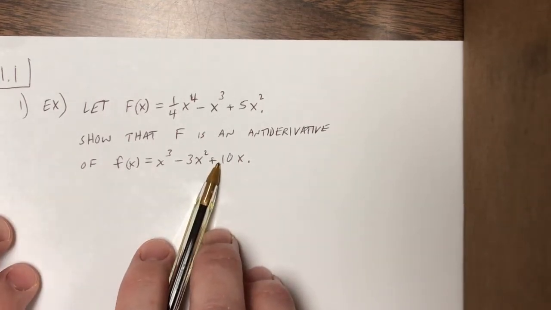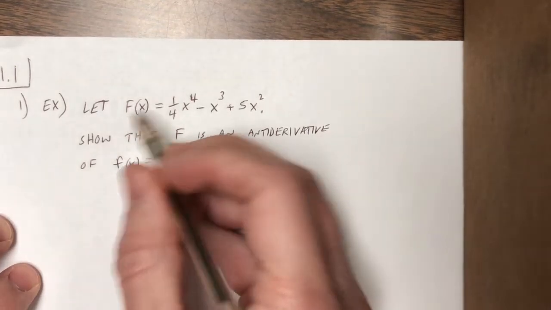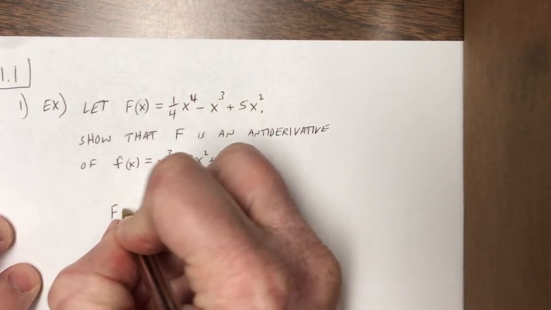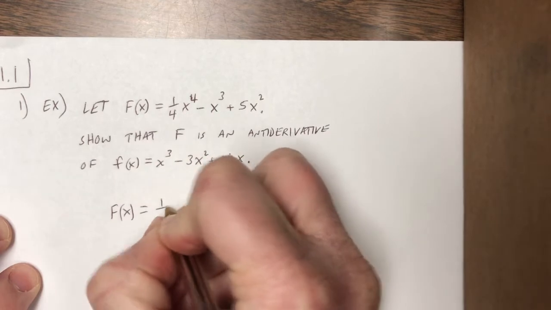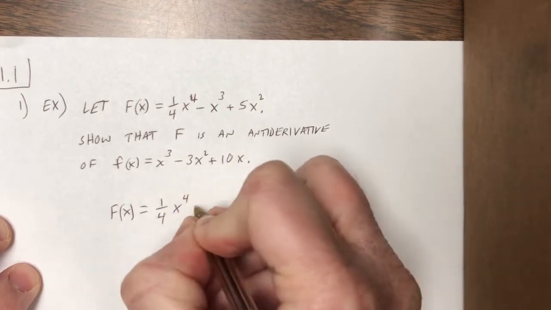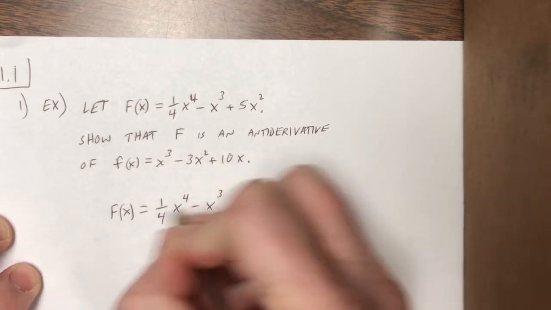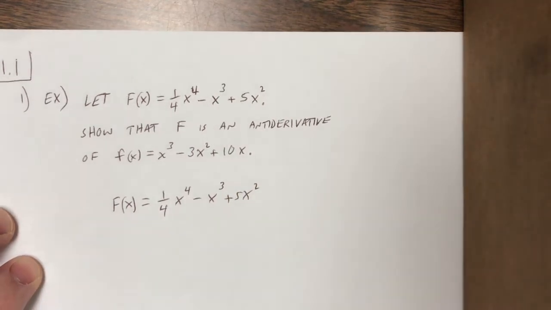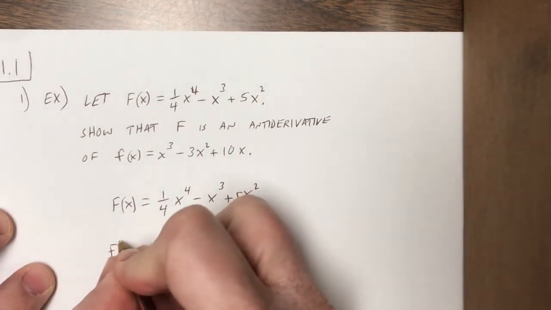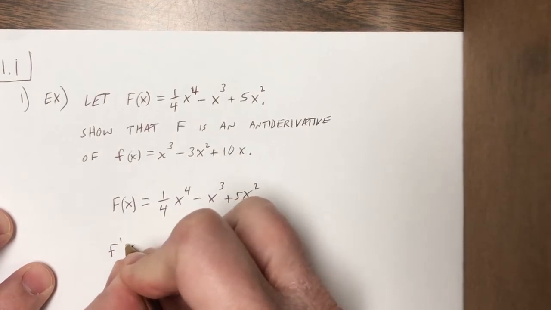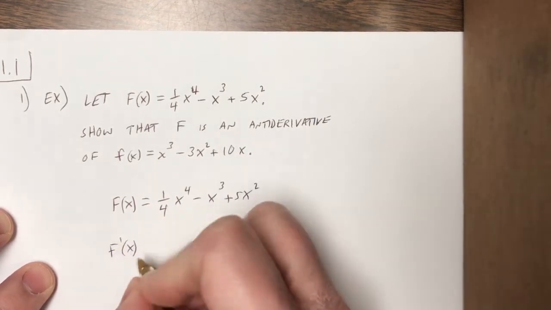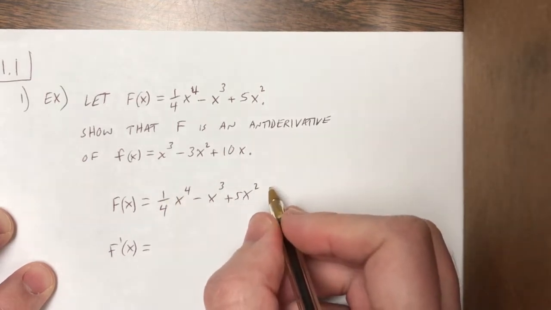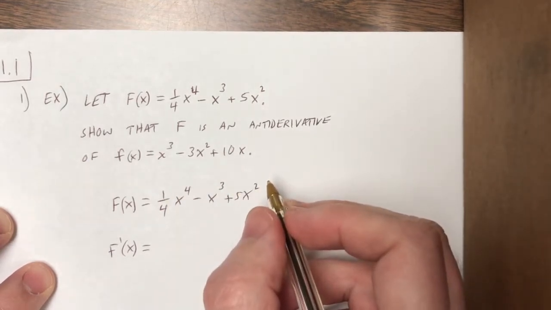So what we have to do is just look at this given function, the capital letter F function, and then take the derivative of it. So what is the derivative of capital F of x? Well, basic rules of differentiation, obviously we should still know how to do that.